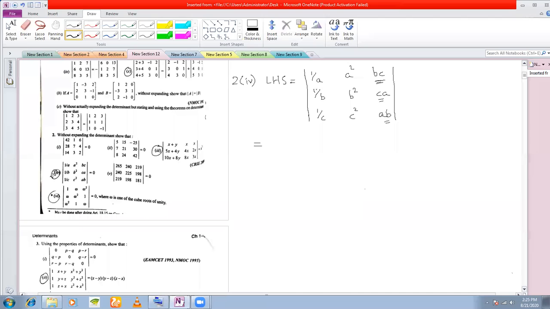Anyway, so if I'm multiplying this row by A, then I have to divide the determinant by A. So what I do here is, I write this as 1 by A into 1 by B into 1 by C into ABC and into all this determinant. Can I write it this way?